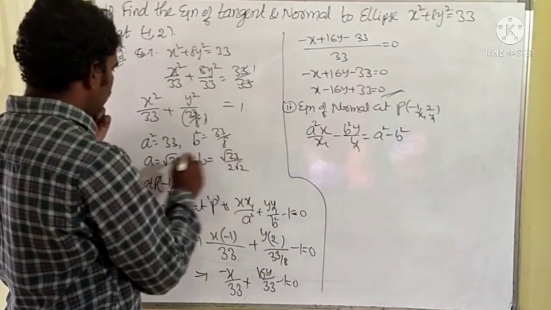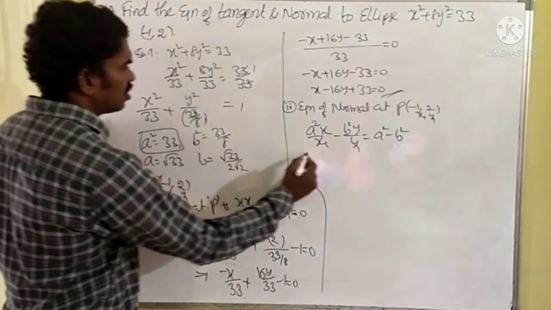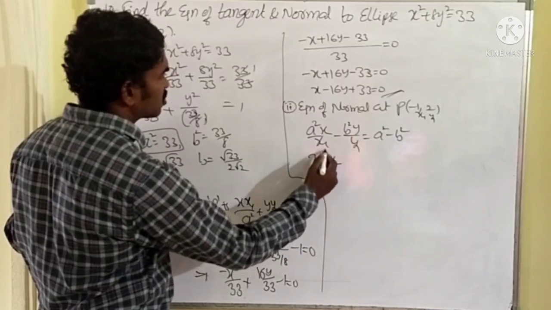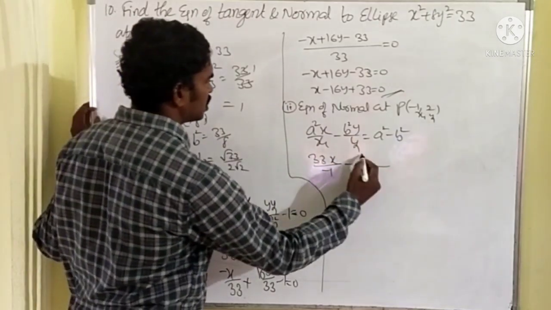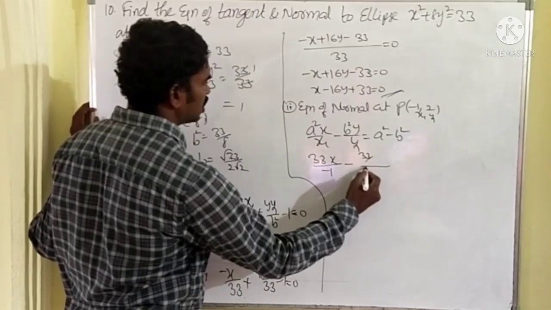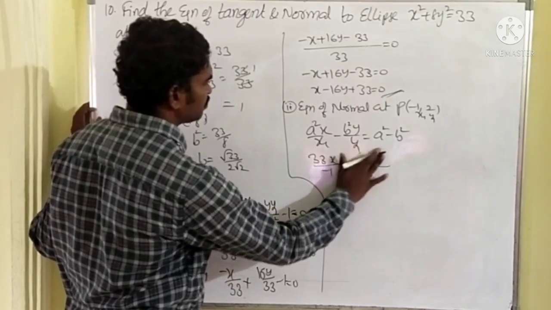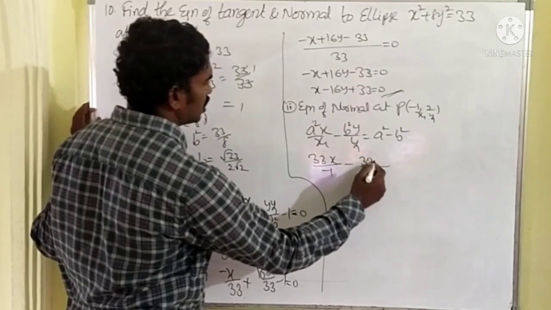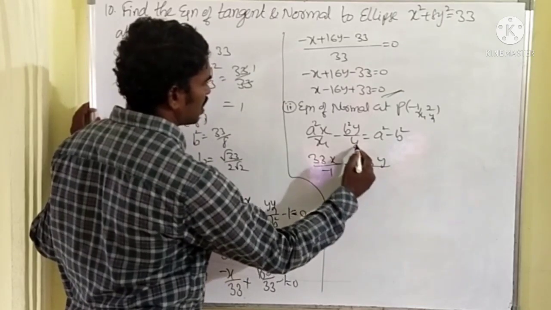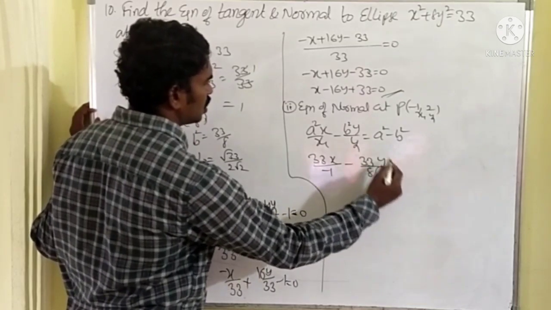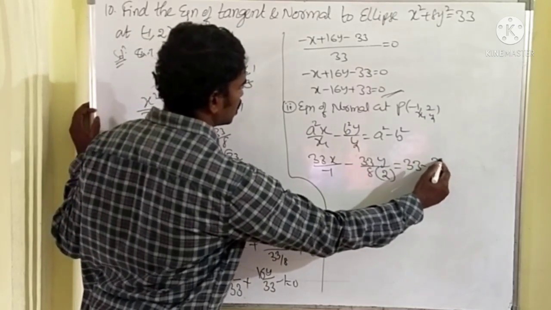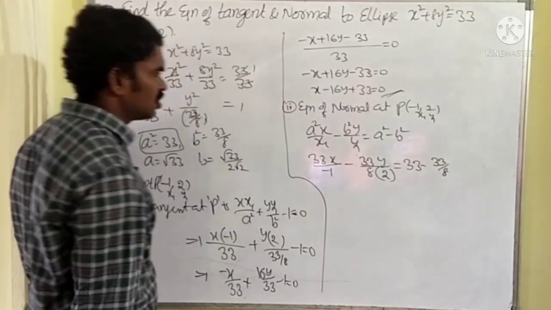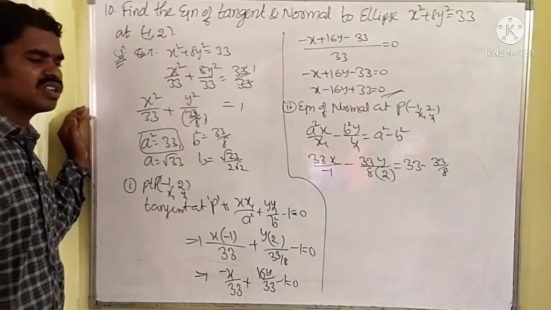A square value 33 into x by x1 means minus 1, minus b square is 33 by 8, into y by y1 means 2, and is equal a square means 33 minus b square means 33 by 8. Okay, just write the formula, substitute the values.